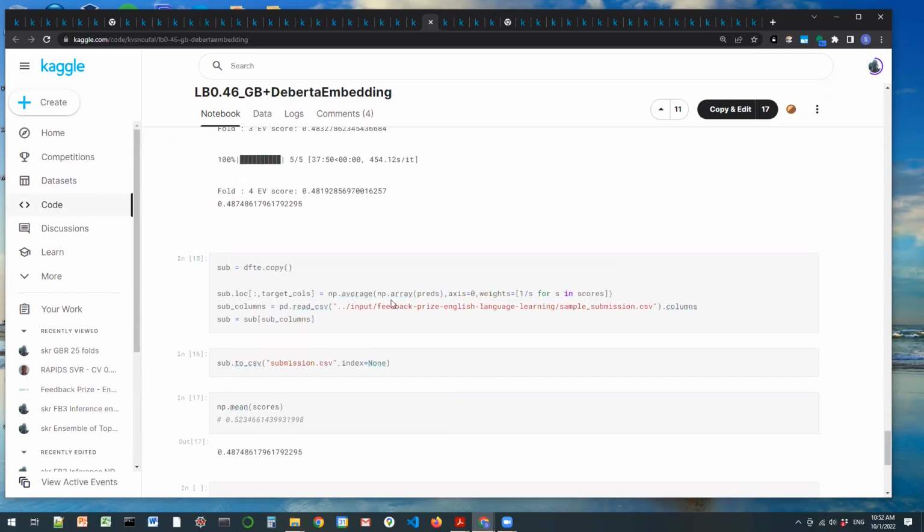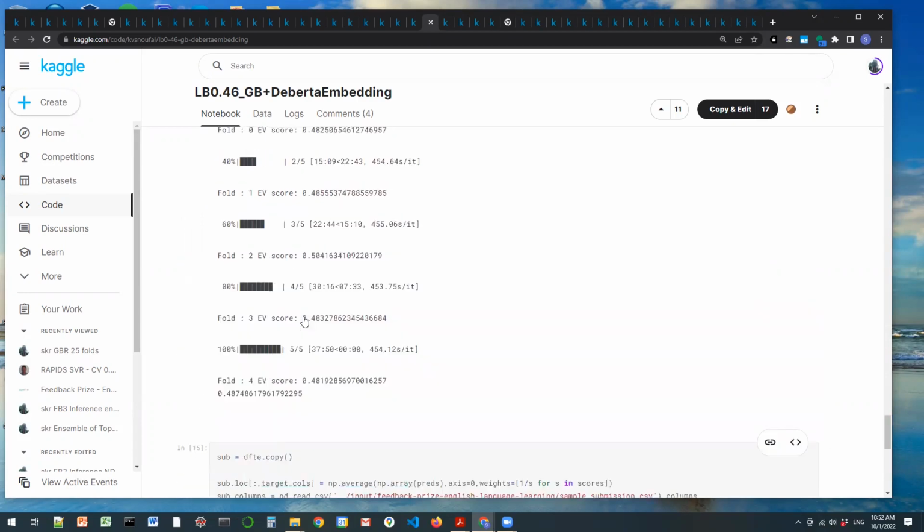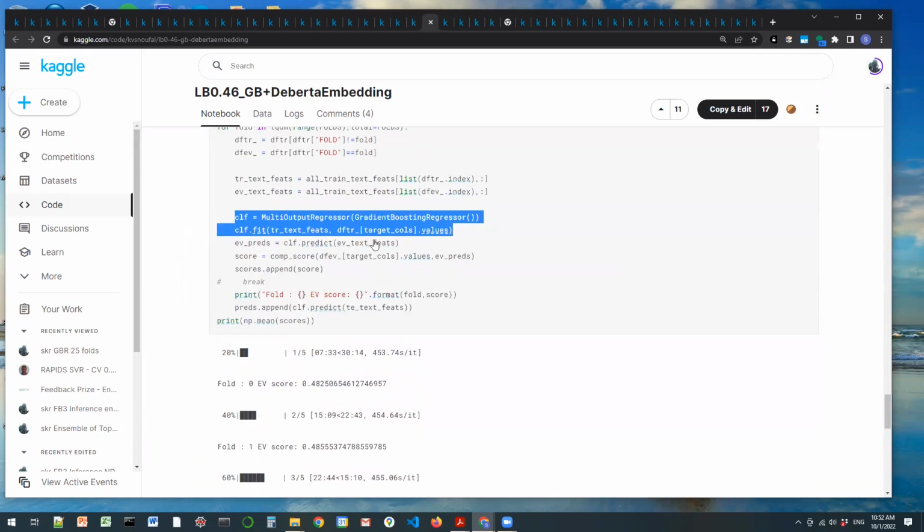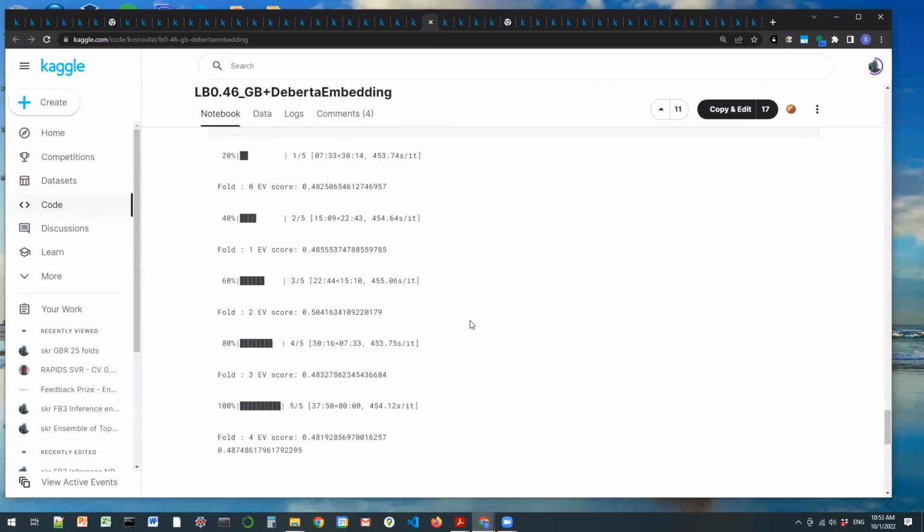Because now you're combining 4,864 versus in this case, because he's doing it with a single model, it's only, I don't know, maybe 1,024 or 768 or something in this range. Whereas now I'm doing it with 4 times the size. You see what I'm saying? The input vector that you give it when I'm doing gradient boosting is 4x what he's doing it with, and that causes an explosion for the gradient boosting regressor.